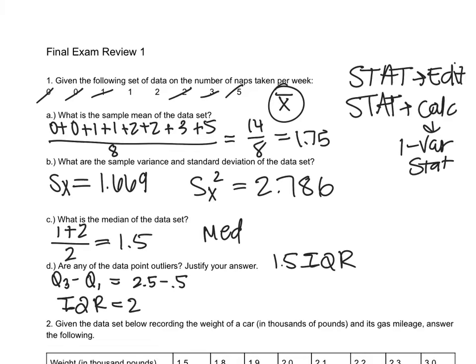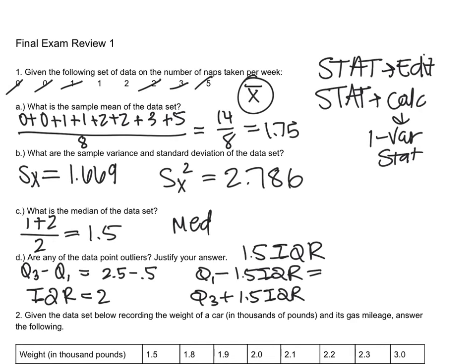So to calculate any outliers, the first way is to take quartile 1 and subtract 1.5 times the IQR. And the second way is to take quartile 3 and add 1.5 times the IQR. So for our first possible outlier, quartile 1, we're going to do 0.5 minus 1.5 times 2, which is going to give us negative 2.5.